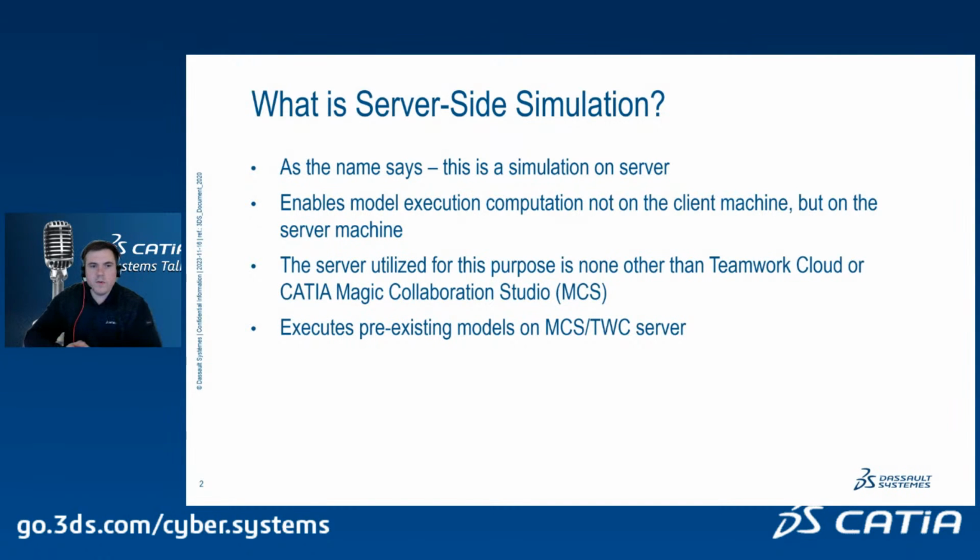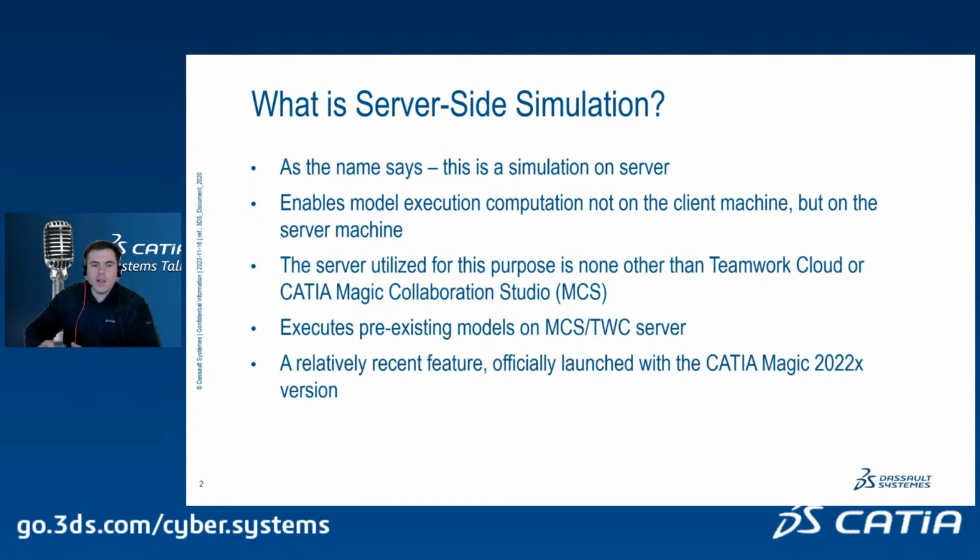With this feature, you execute pre-existing models which are placed on the CATIA Magic Collaboration Studio or Teamwork Cloud server. This is a relatively recent feature which was officially launched with the CATIA Magic 2022x version. That's why we're having the session, because we want you to get more exposure to this feature. Hopefully here I answered the question, what is server-side simulation?